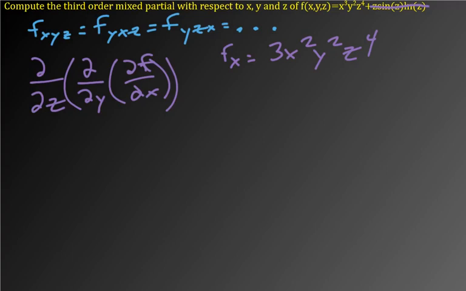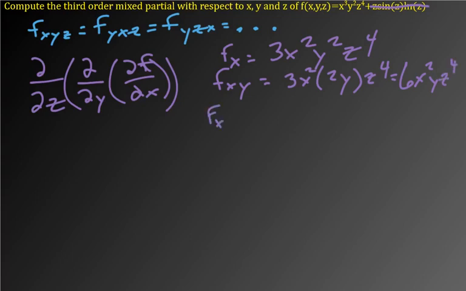And then f with respect to x, y, so doing y next, you can just copy over the 3x squared, and then you're going to have 2y, right? And then z to the fourth, which would simplify to 6x squared y z to the fourth.